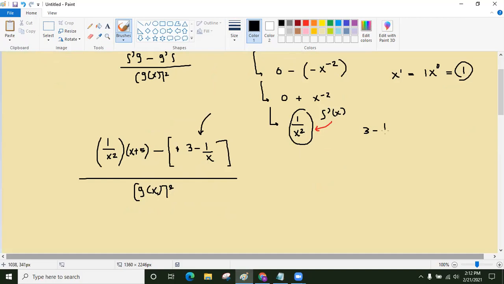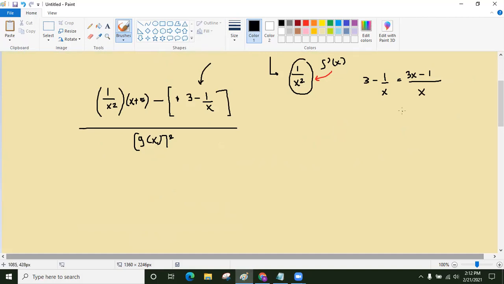We discussed before that 3 minus 1 over x is actually the same thing as 3x minus 1 over x. So it would be easier for us to just substitute 3x minus 1 over x into here.